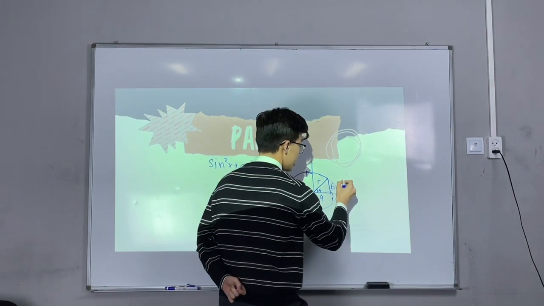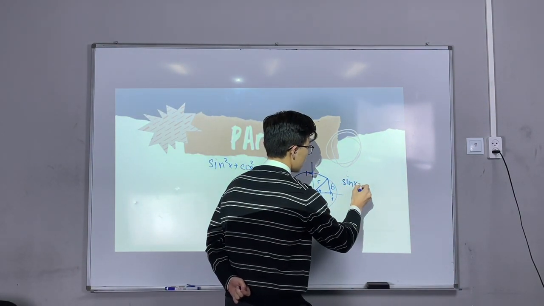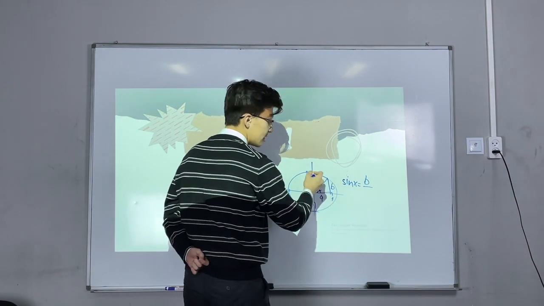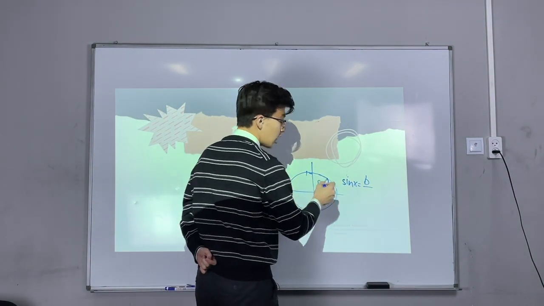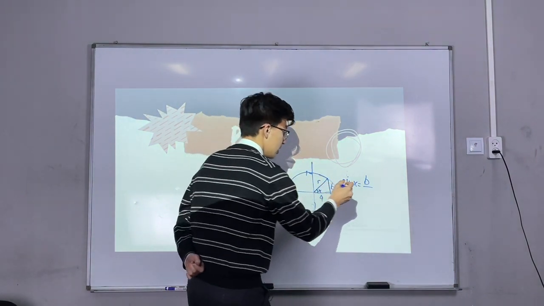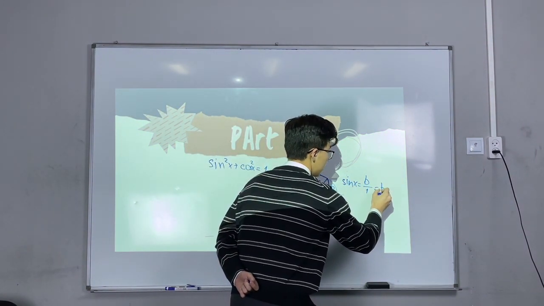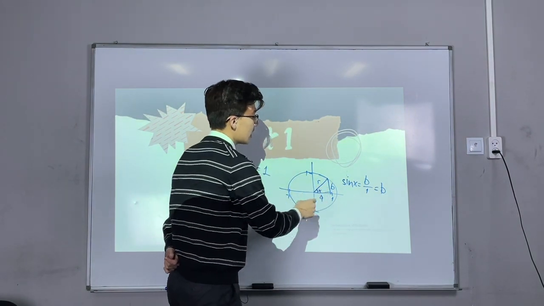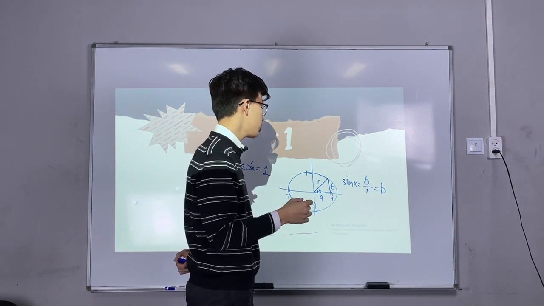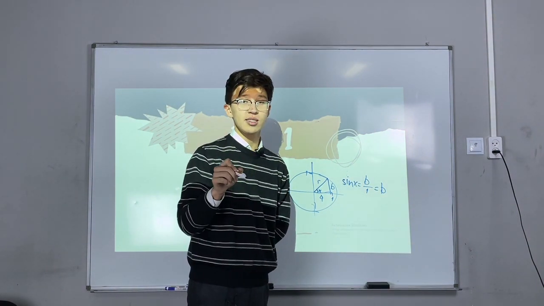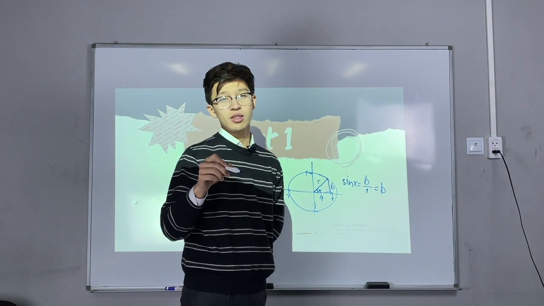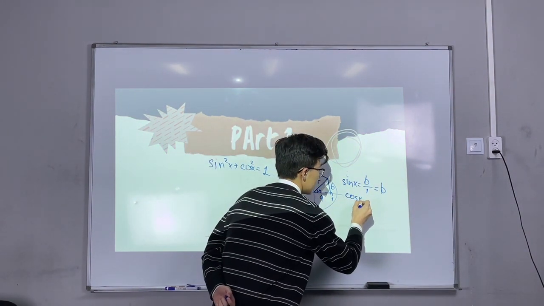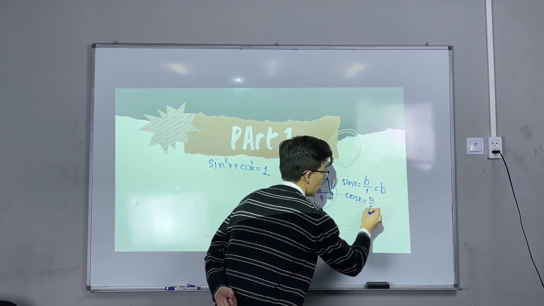So we can write sine x equals b over 1, because this is a unit circle, so our radius equals 1. What about cosine? Cosine x is equal to the adjacent length divided by the hypotenuse. So we can write cosine x equals a over 1.